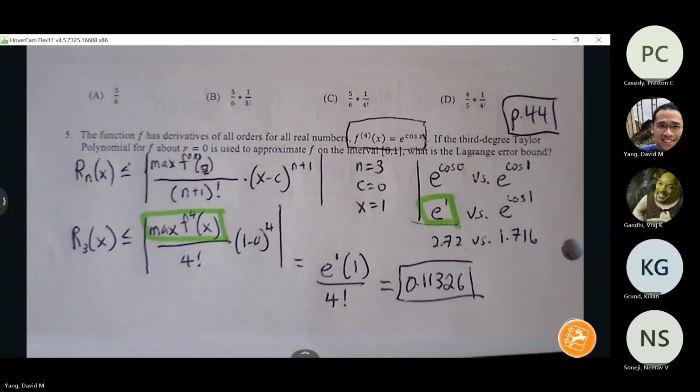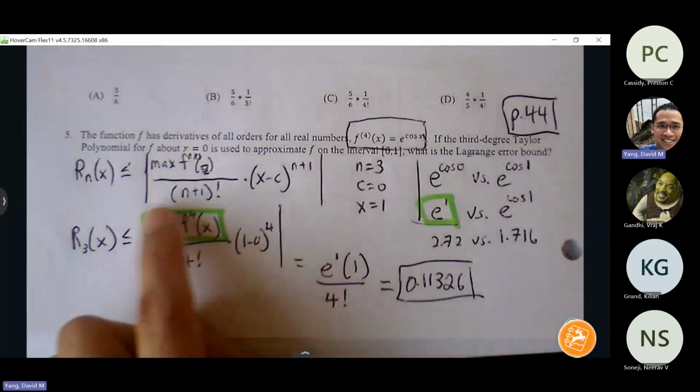So on the test review, page 16. Oh, all right, same page, sorry, number 5, page 44.